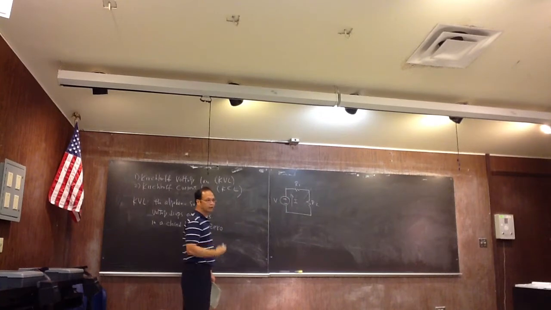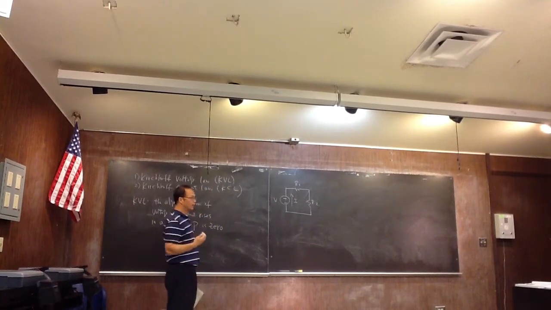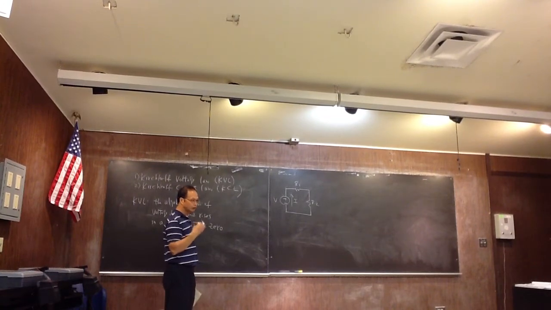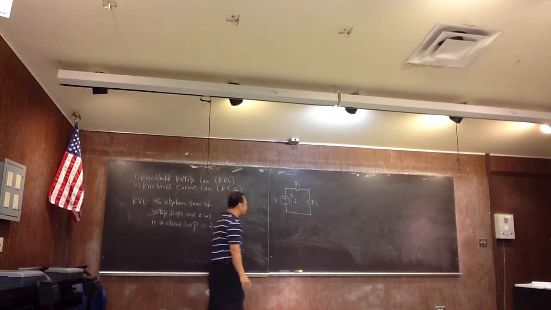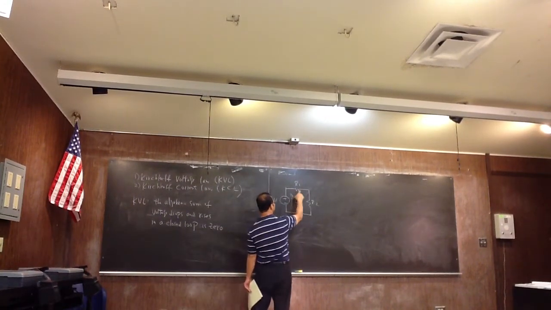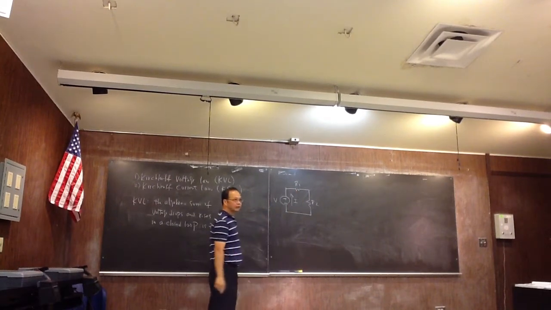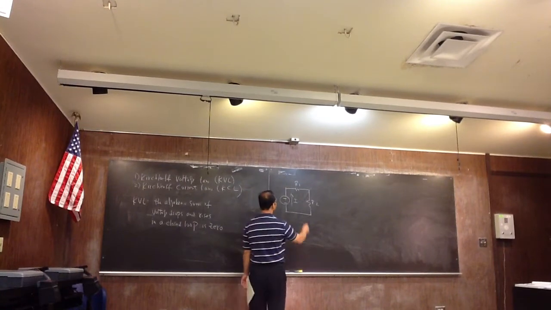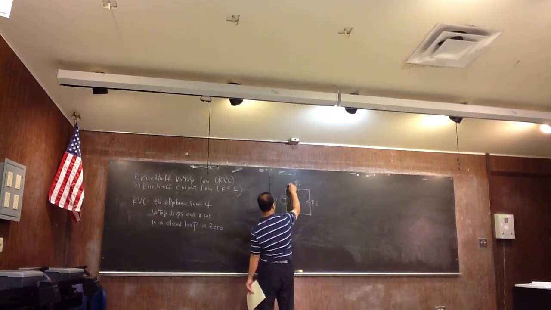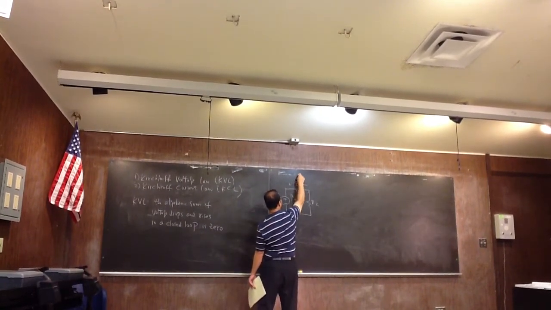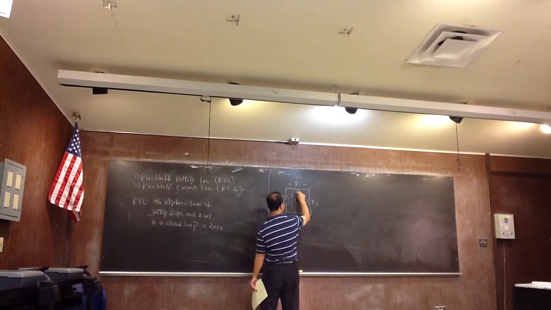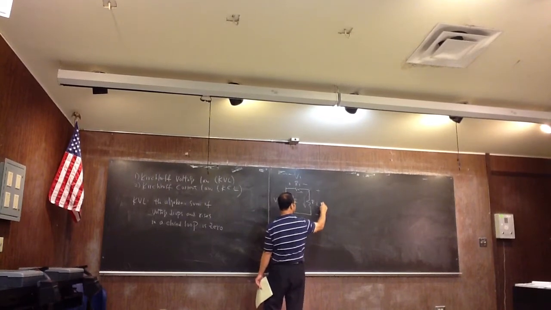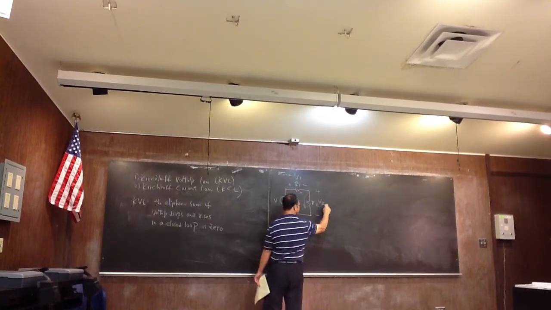Then when the current goes through the resistor, you have a voltage drop, plus and minus. Let's call this V1. Because the current is going this way, you get a voltage drop. It's called V2.